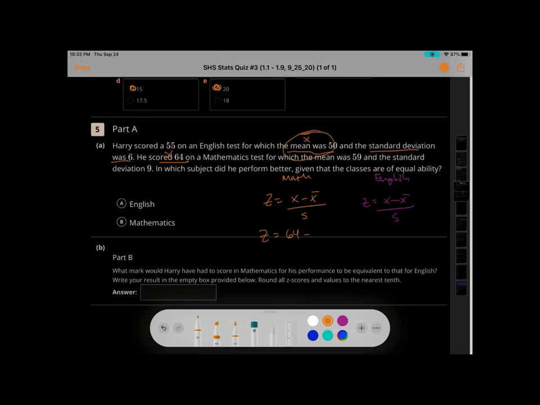The average is right here, 50. And standard deviation was 6. That means he will have a z-score. Remember, to compare apples and apples, we have to use standardized score. So 64 minus 50 divided by 6 gives me 2.33.